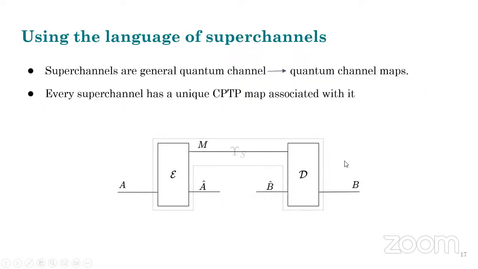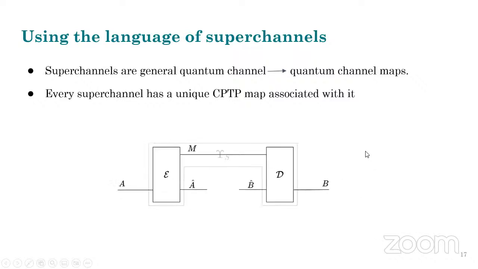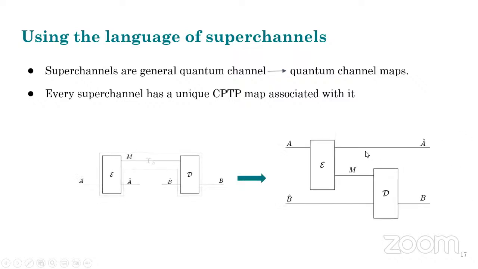So if we take out the channel from the equation, what we see is that this can be rearranged into this form, where you can see Alice and Bob as a bipartite system, and it takes A to A hat and B to B hat. And so we call this whole operation epsilon, which is the CPTP map that we were talking about.